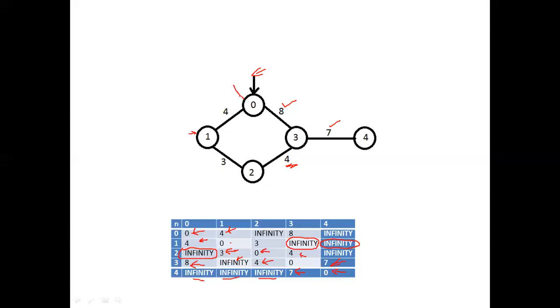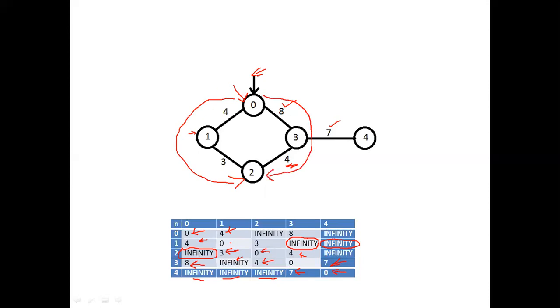See, before proceeding to the program, if I want to transmit data from 0th node to second node, there are two possible paths. First possible path is 0 to 1, 1 to 2. Another possible path you can observe is 0 to 3 and 3 to 2.